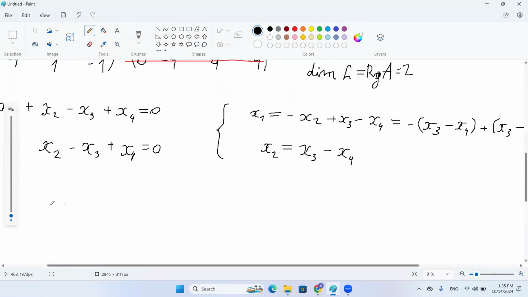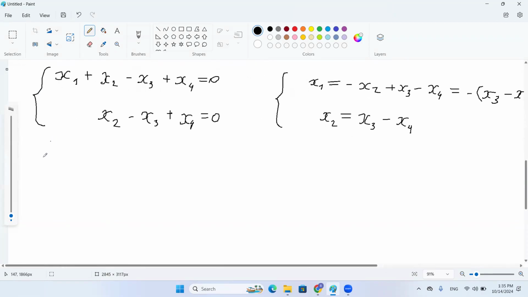Okay, and let's write our general solution. By the way, let's mark our free variables as constants: x3 equals c1, x4 equals c2.